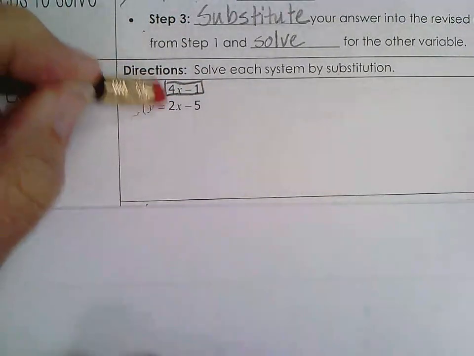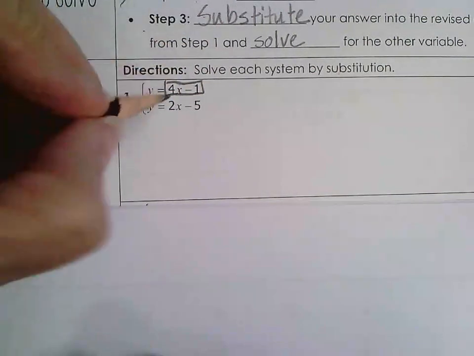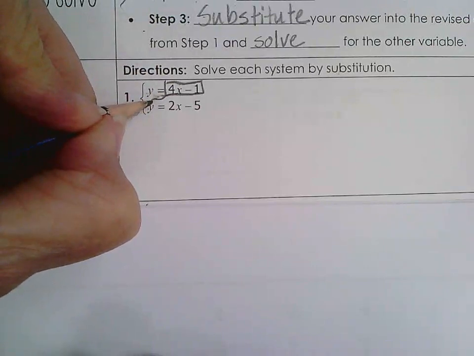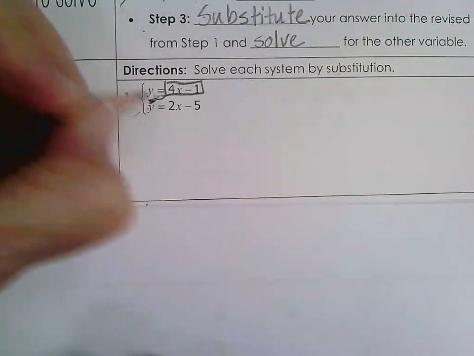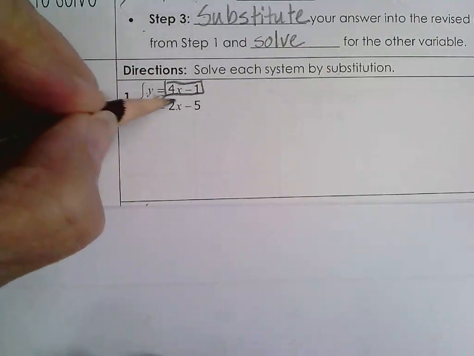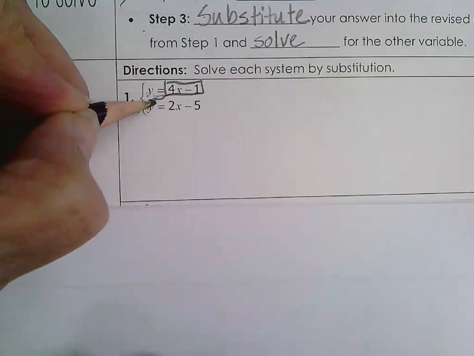I should be able to take that whole expression and put it in for y and see if I can solve for x. So that's what I'm going to do.